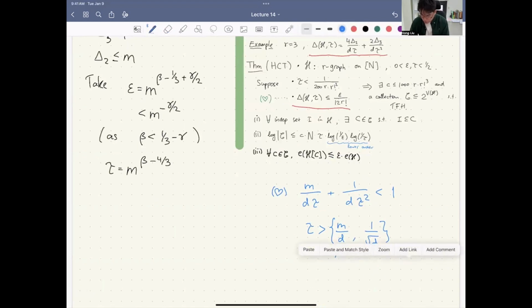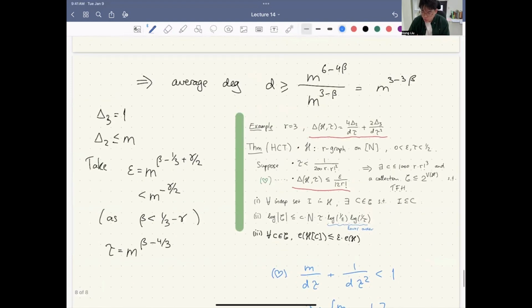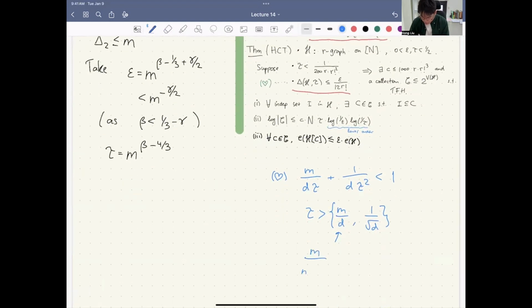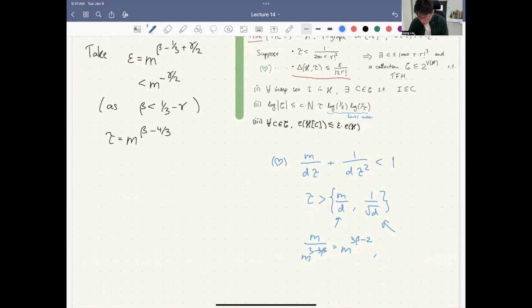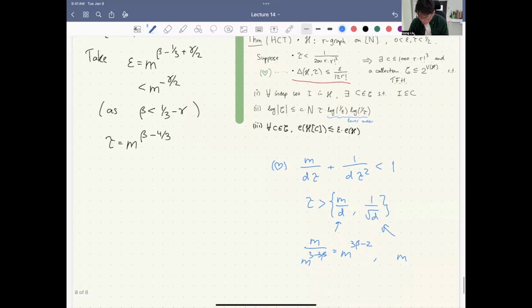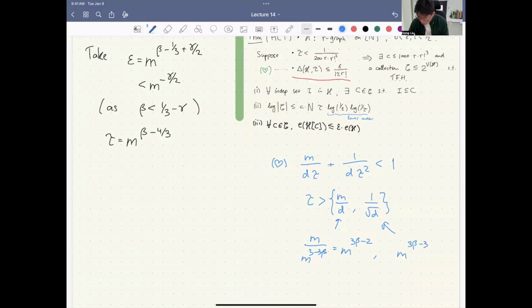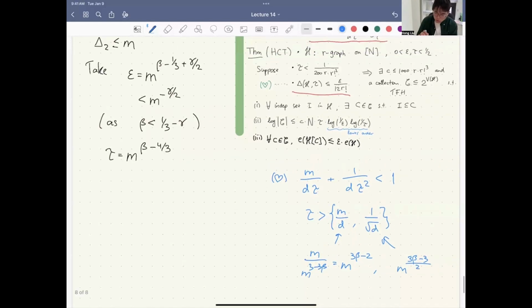So the first term is what? M over d, what's d? M to the 3 minus 3 beta. M to the 3 beta minus 2. The other one, 3 minus 3 beta, is m to the 3 beta minus 3 over 2. Which one is larger?